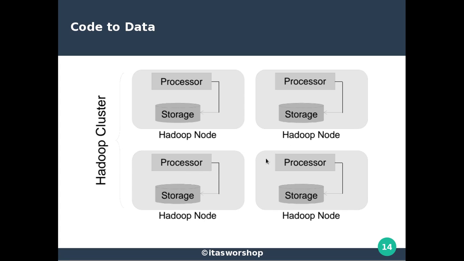We are transmitting the intermediate result, and we are providing the final result back to the client. So these are the two different processes: traditional system bringing data to code, and Hadoop system bringing code to data.